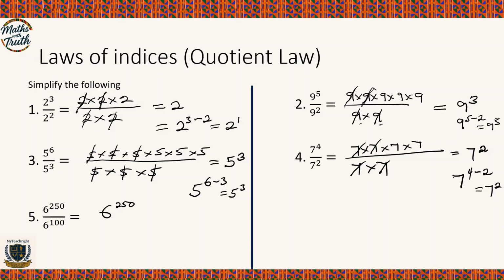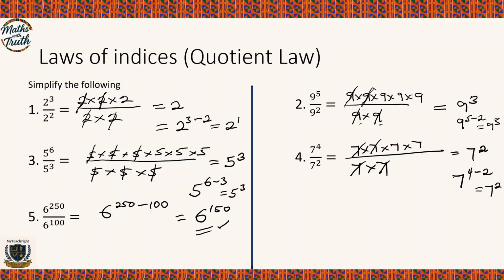So all those 100 6's in the denominator will be cancelled from the 6's in the numerator. So then we subtract, and we come up with 6 exponent 150, which is correct.